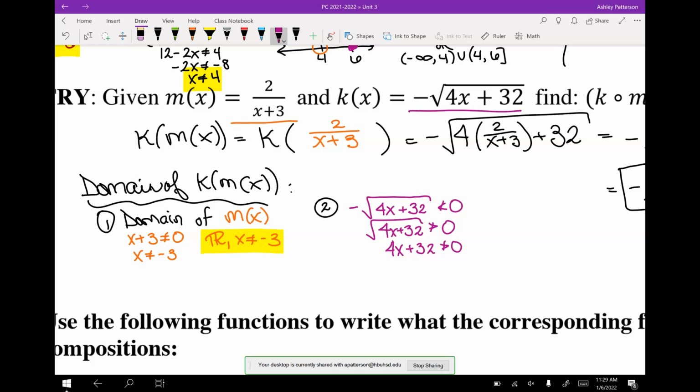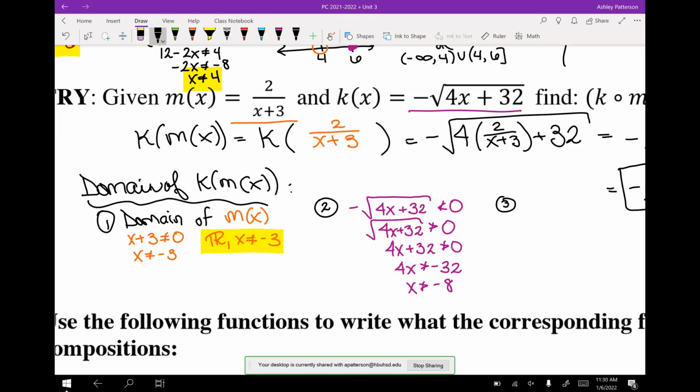We're going to subtract 32, so 4x cannot be greater than negative 32. What can x not be greater than? Negative 8. Okay, that's the restriction. That leads us to step 3.